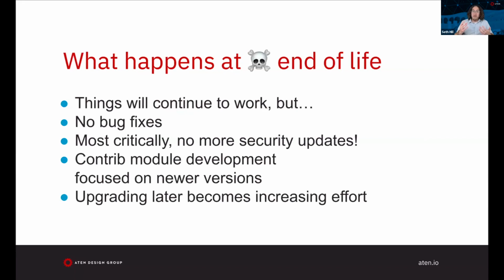But there are no more bug fixes to your installed Drupal core, and most critically, there are no more security updates. Contrib module maintainers have probably focused on the newer versions, and so they're not really paying much attention to updating for Drupal 10. And all of this just means that upgrading later takes more effort because there's more and more and more that has to be addressed as time goes on.